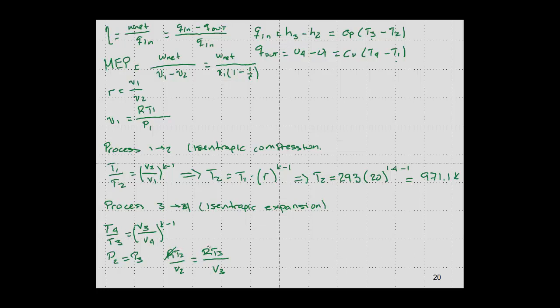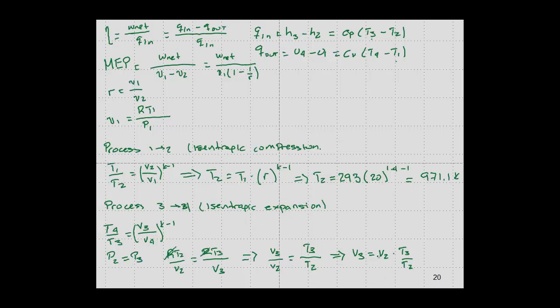Since the gas constant is constant, we can cancel it and solve for V3 over V2. So at the end we have V3 over V2 equal to T3 over T2. If we solve for V3, it will be V2 times T3 over T2.